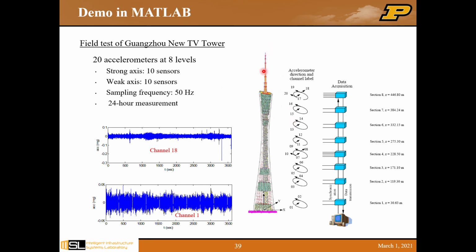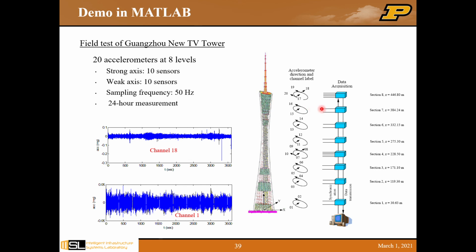Guangzhou New TV Tower is located in China, and it has sensors deployed at different heights of the tower. Here we use 20 accelerometers deployed on 8 levels to do modal analysis.